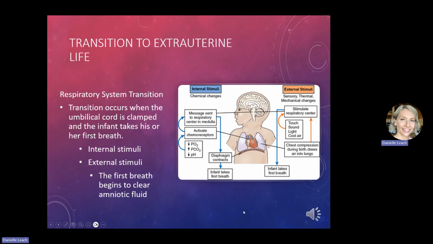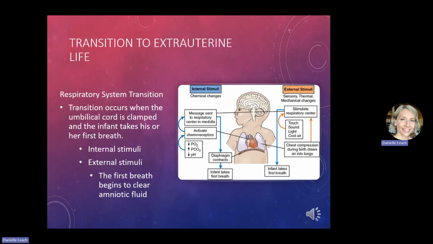So how does a baby start breathing once it is born? When the baby is in the womb, it's getting oxygen via the umbilical cord and via the placenta. So once the baby is born and the umbilical cord is clamped, at that very moment the baby is getting no more oxygen from the umbilical cord and therefore needs to start breathing.